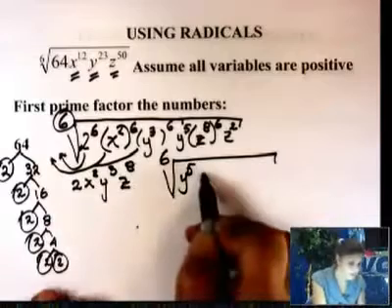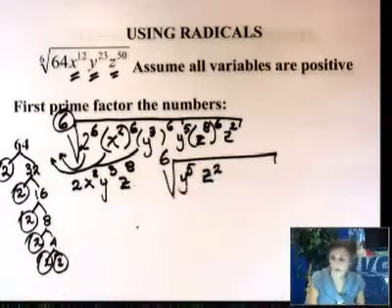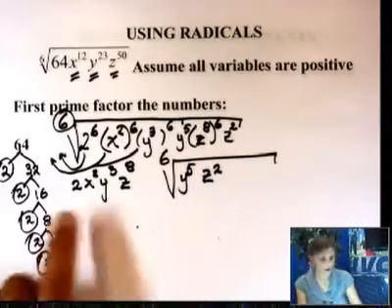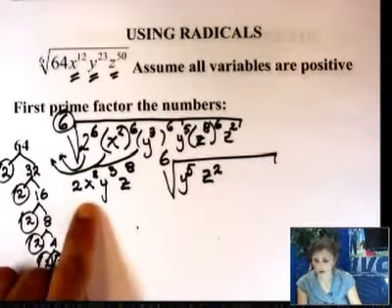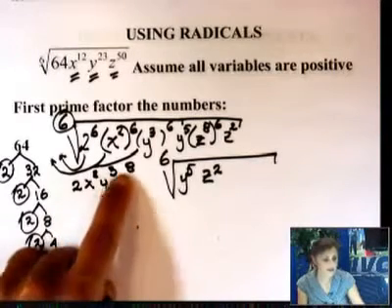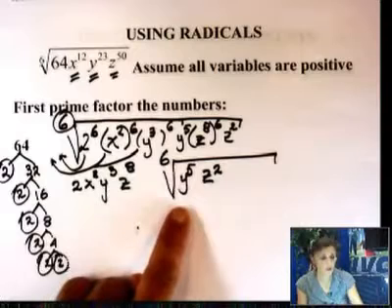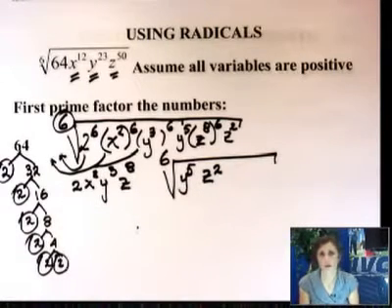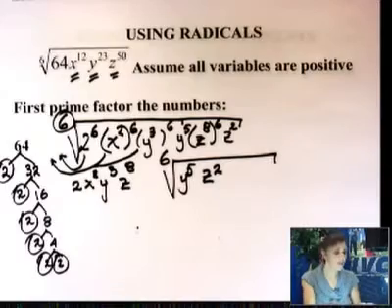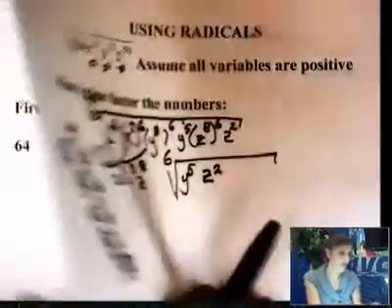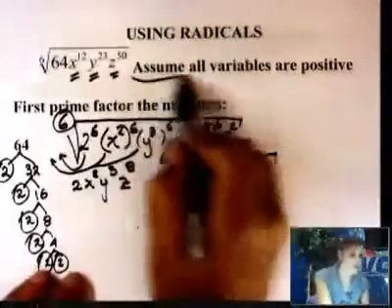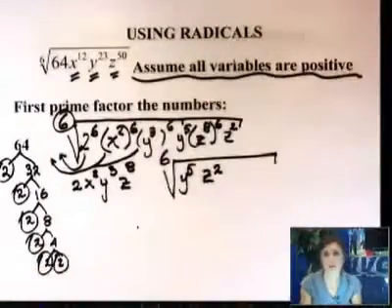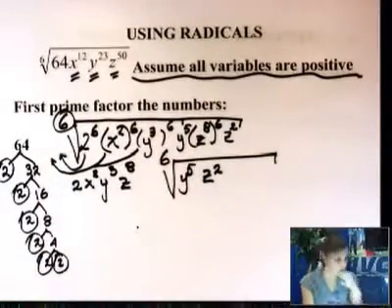And what do I have left behind? 2. Does it make sense? So you have 2 x squared y cubed z to the 8 times the 6th root of y to the 5th times z to the 2nd power. Very good. And one thing that we do is we assume all variables are positive, so we don't have to worry about absolute values.